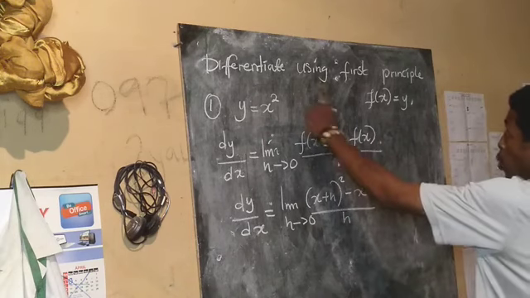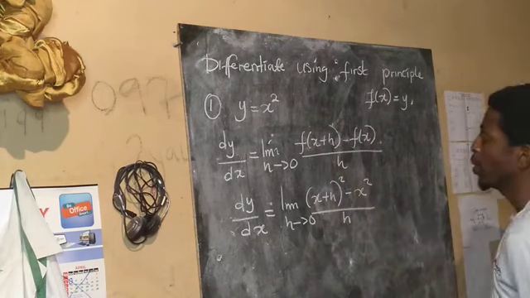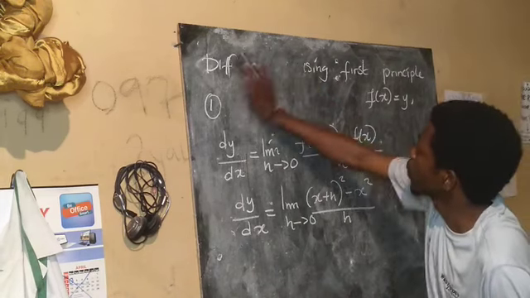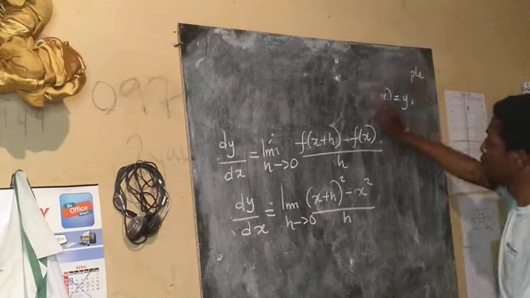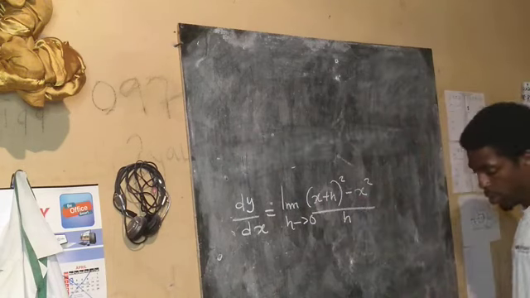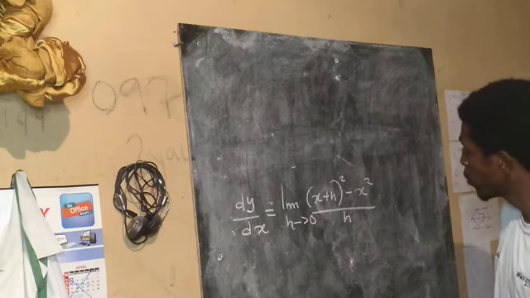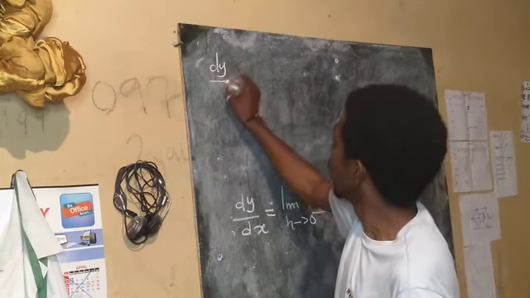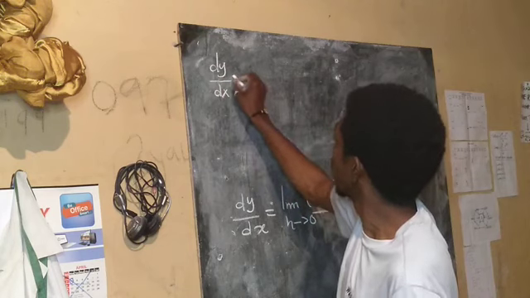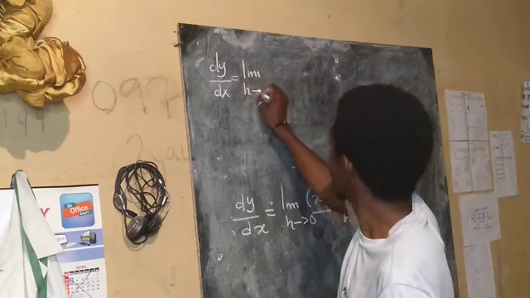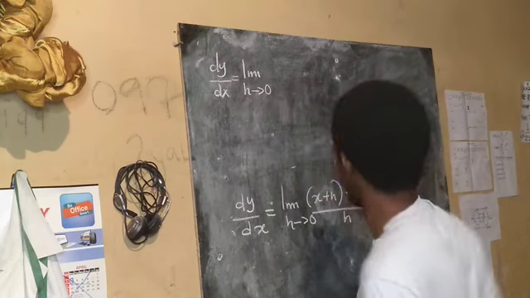Then I'll wrap the top part to balance everything now. So you pause the video, you write. What will happen there is I will have the dy over dx, limit, there is always a limit, h approaches 0.